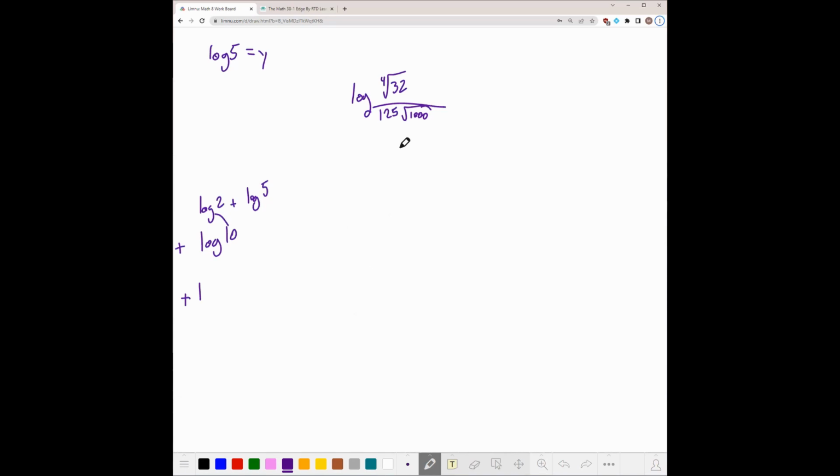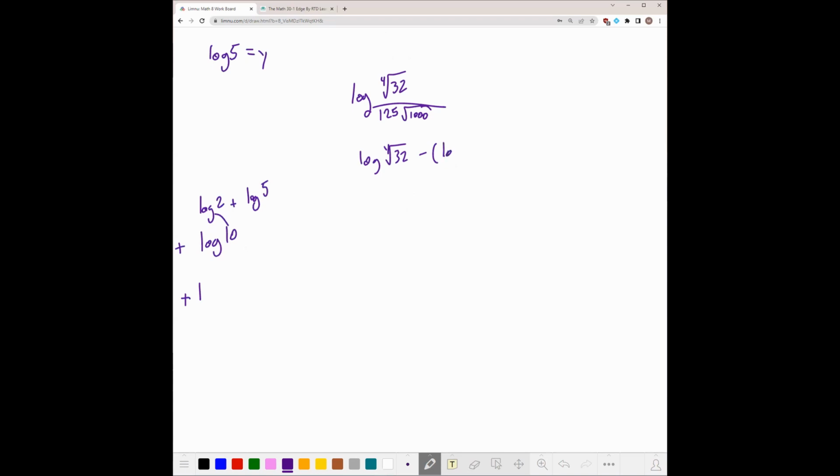Obviously, I've got a quotient in here. So sort of the first intuitive step is, why not break it down using our log quotient law? So I'm going to have log of my numerator, which is the quartic root of 32. And then I subtract my denominator. And I'm actually going to break my denominator up by my log product law.